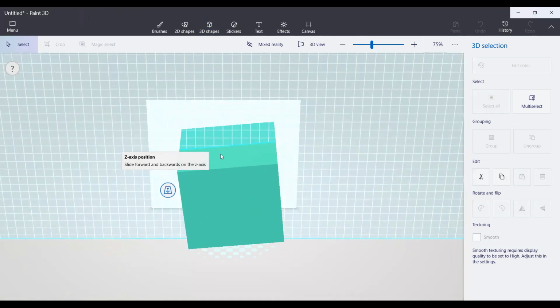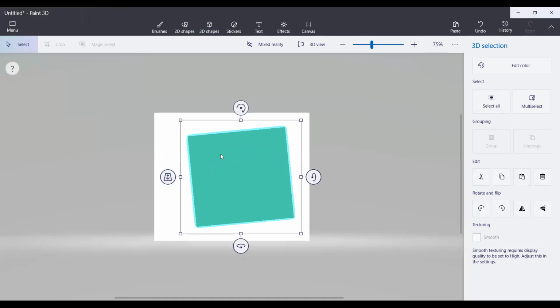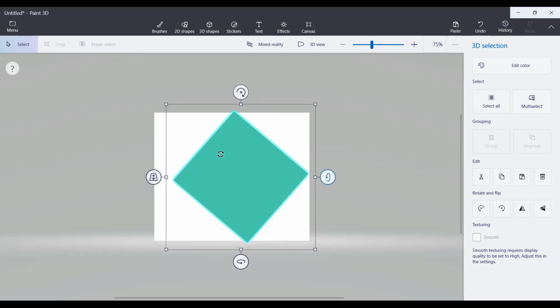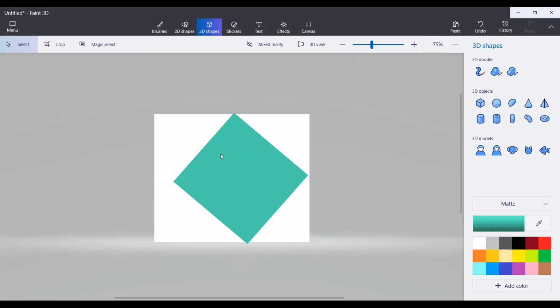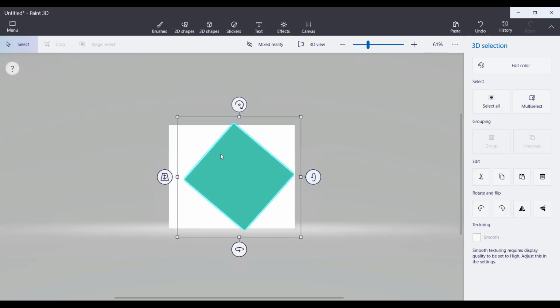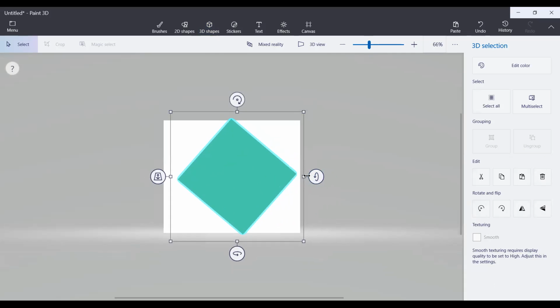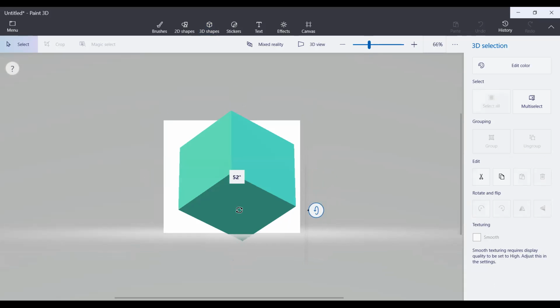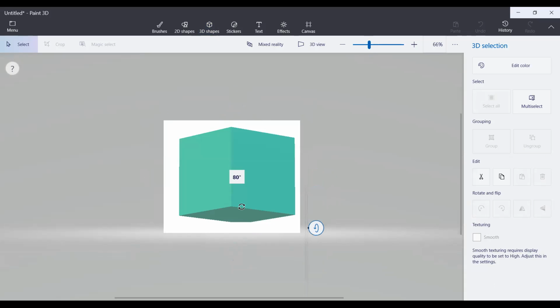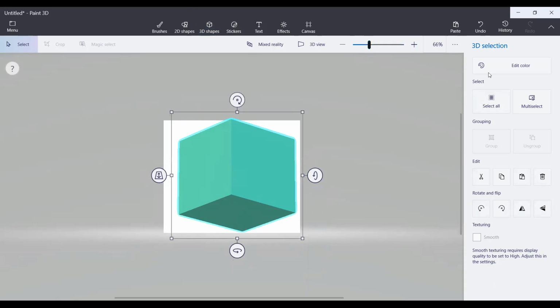Okay, look at here now, I will try to move it. Now, this one here, look at this shape. This shape now has two parallel faces. This one and this one, I'm talking about.